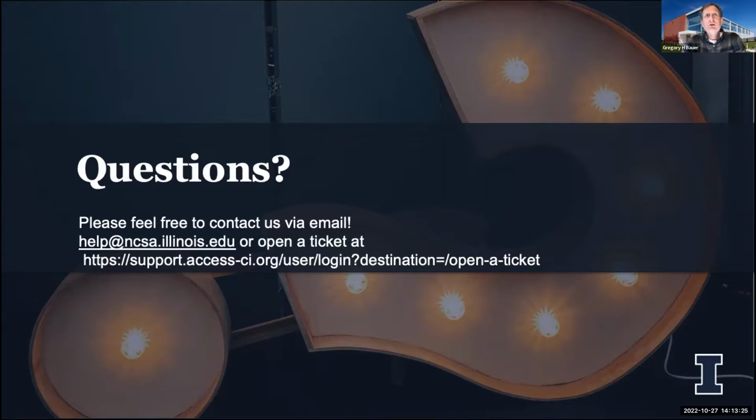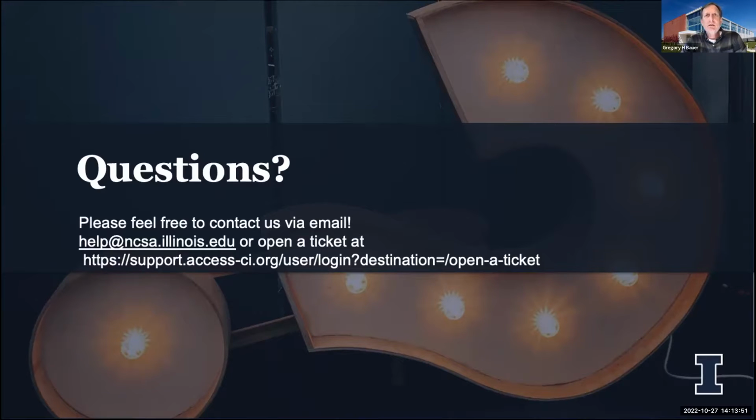And if it falls more under the activities for people on Delta, like the user support team, we might move it ourselves or ask you to submit the ticket to our local help at NCSA ticket system.